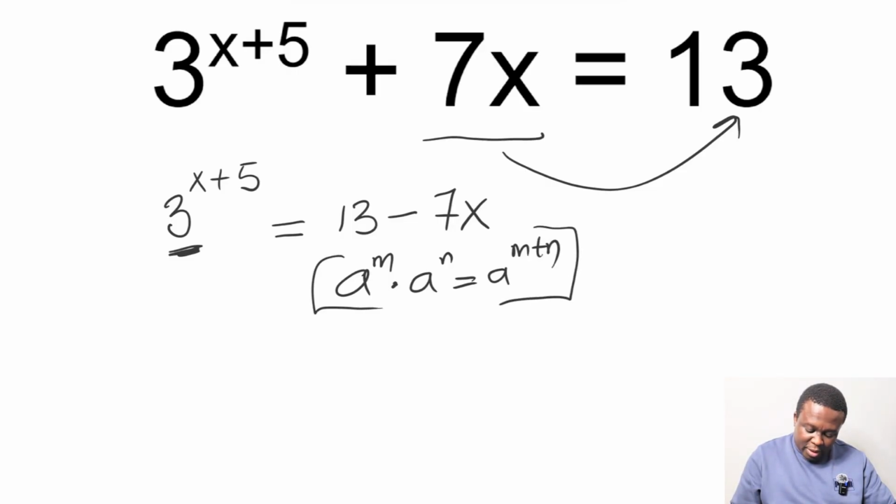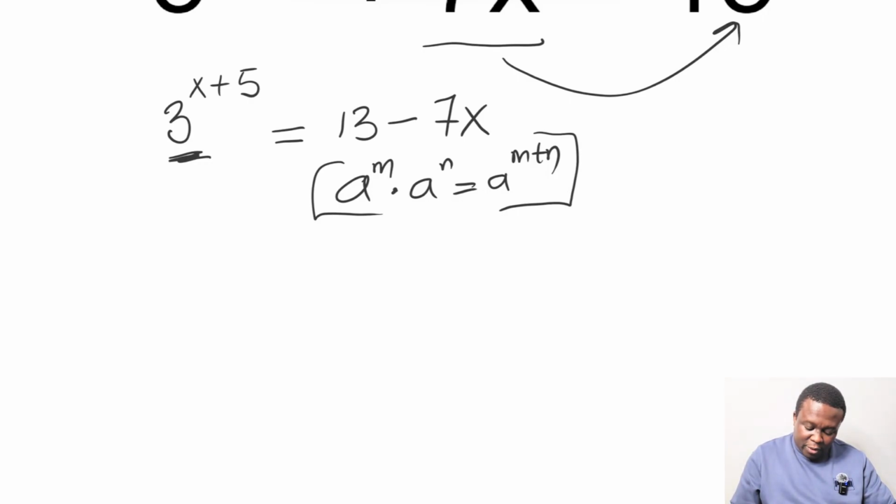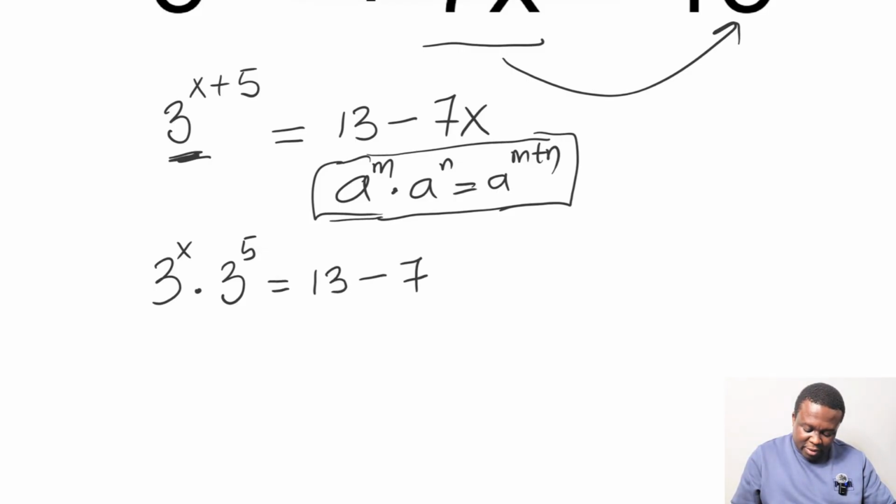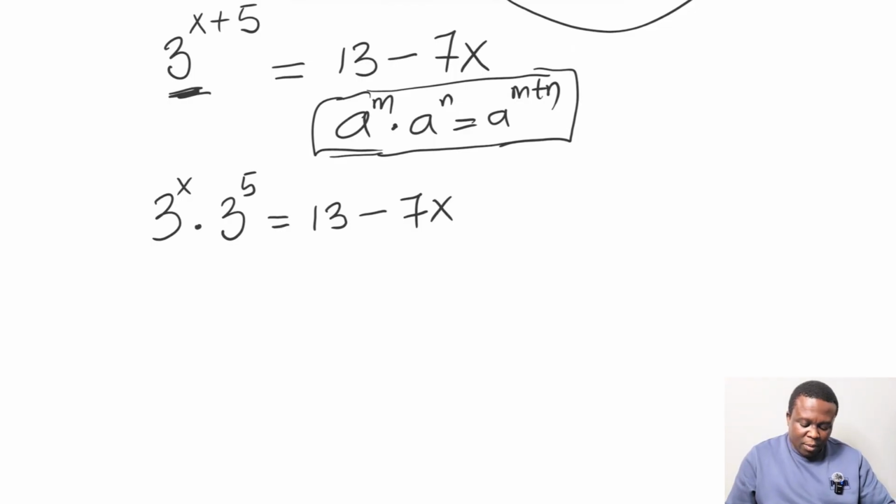So let's rewrite the left-hand side in the format of this formula. So this becomes 3 raised to the power x times 3 raised to the power 5 equals 13 minus 7x.